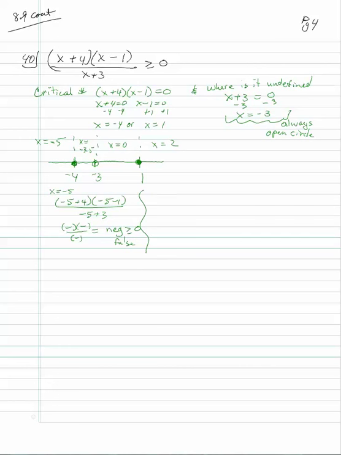Now we check the middle one, x equals negative 3.5. Do the same thing. And again, we just care about positive or negative. Positive, negative, negative, which a negative divided by a negative is positive.